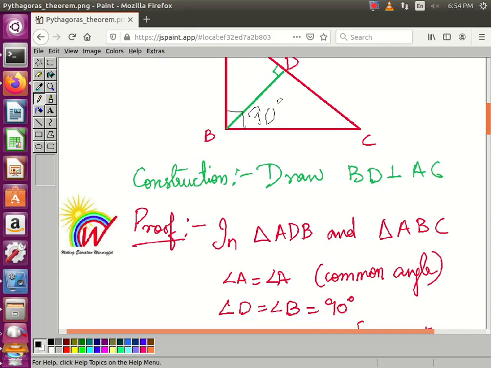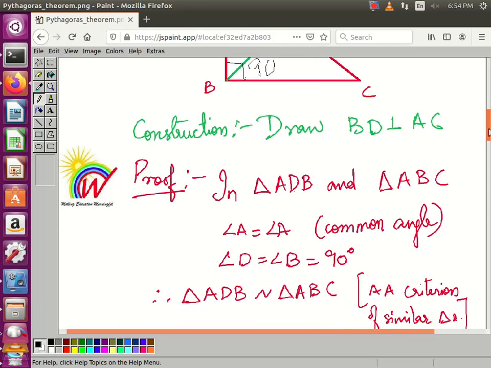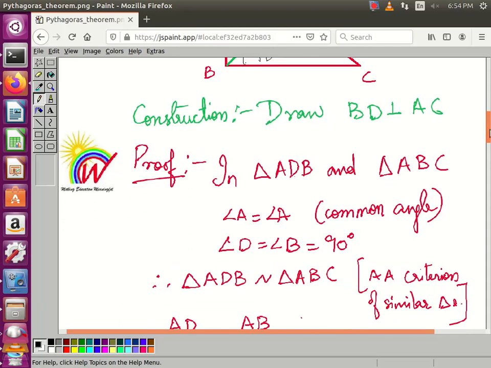So for triangle ADB, the little triangle on top, D is 90 degrees, and for the larger triangle, angle B is 90 degrees. So D and B are equal to each other. Now if you look at these two triangles, the first angle A and A is equal, which is a common angle, and angle D is equal to angle B, the second angle.